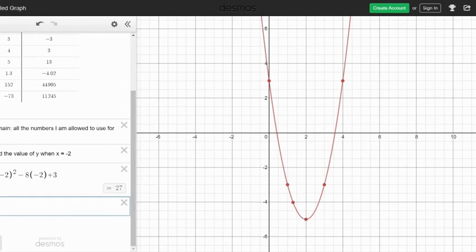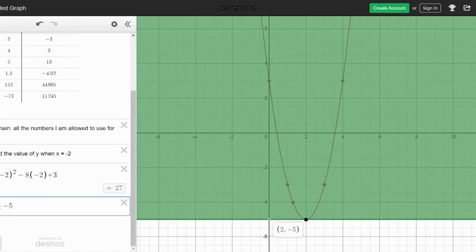So that means that my y values are either above that point or below. And I can see that my graph goes up. So I want to say my y values are greater than or equal to -5. Okay, so notice it covers just the graph.